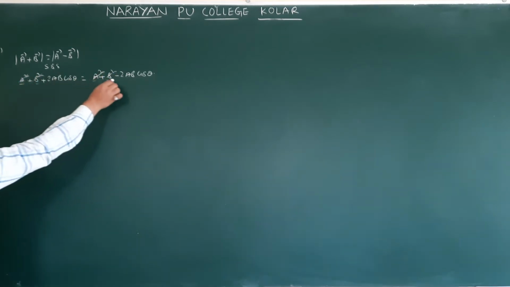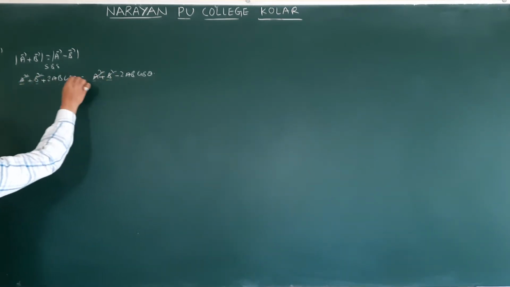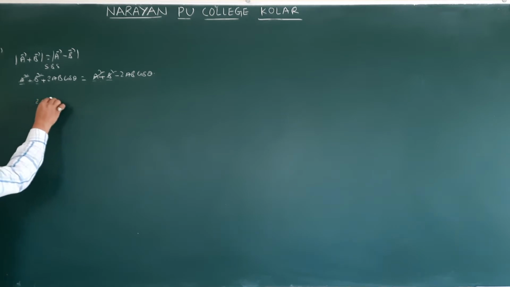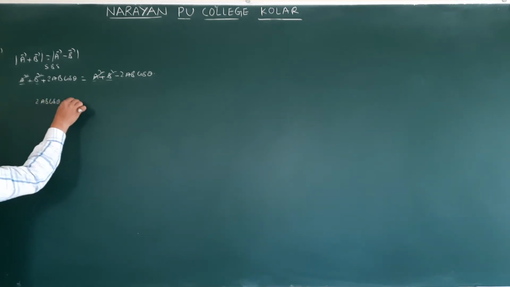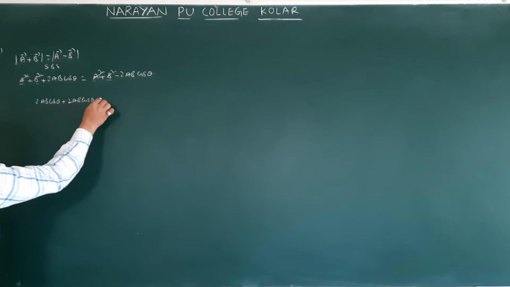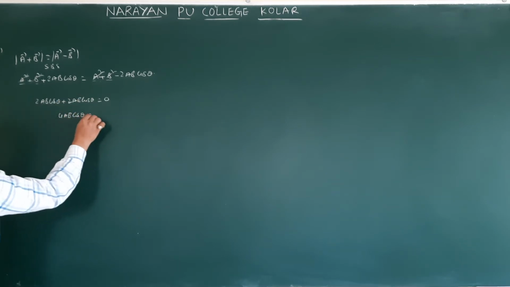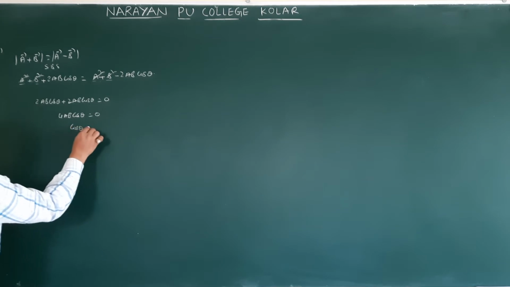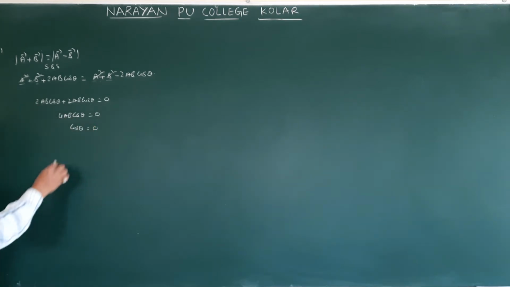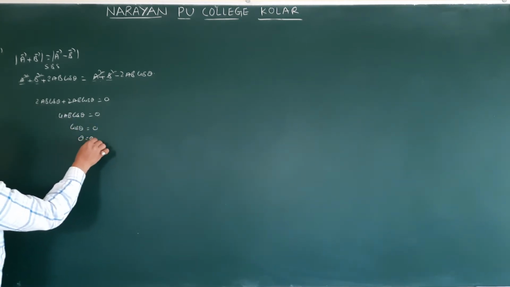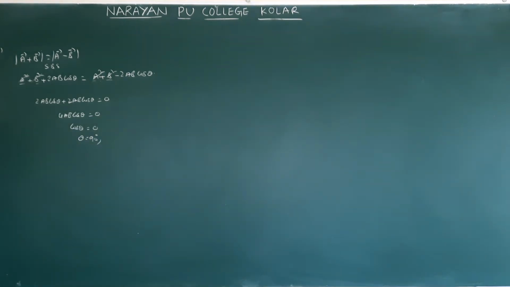Next, 2ab cos theta equals minus 2ab cos theta. Bringing this to this side, 2ab cos theta plus 2ab cos theta, so 4ab cos theta equals 0. Then cos theta equals 0. Cos theta 0 means theta is 90 degrees. So that is question number 46.